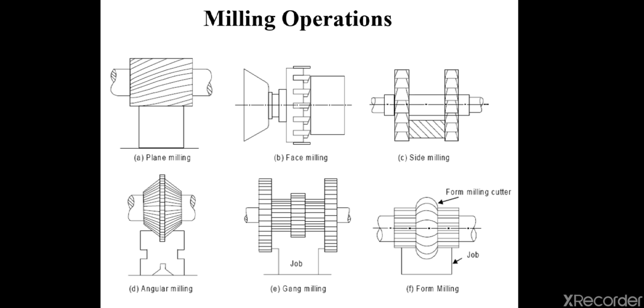In plane milling operation, a plane horizontal surface is produced, which is parallel to the axis of the cutter.